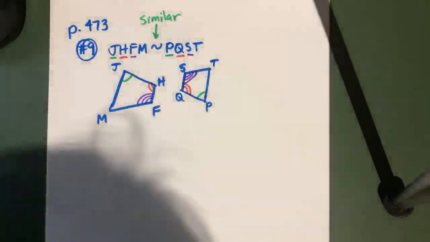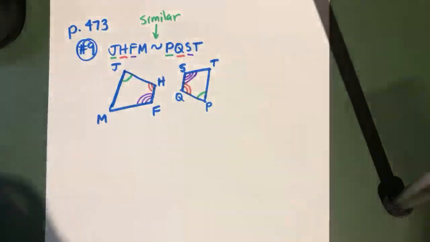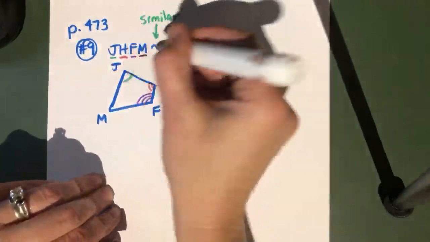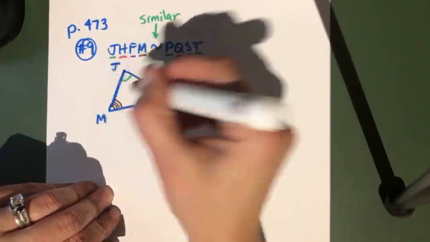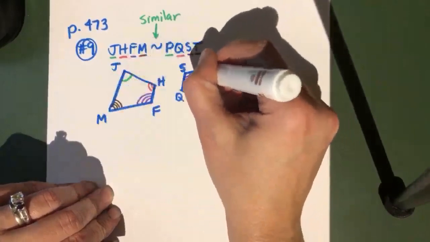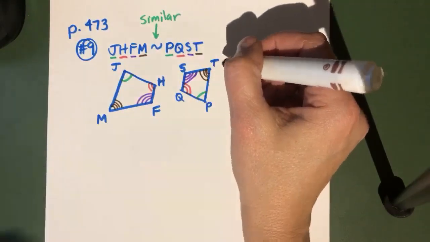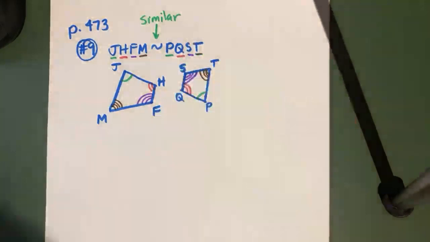Okay, so those 2 guys match up. And then the last one is M matches up with T. So M has 4 arcs and T has 4 arcs. Okay, so what I've done is I've just matched up the congruent angles.